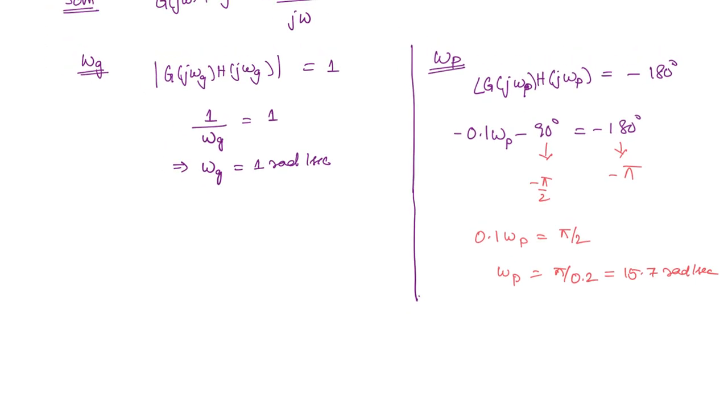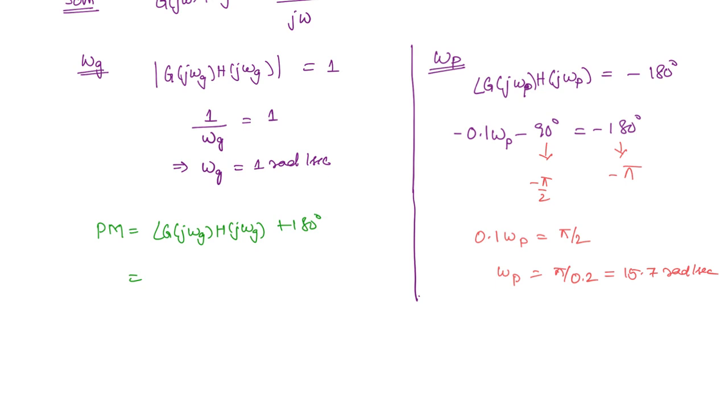Now that we found the gain crossover and the phase crossover, we can find the gain margin and the phase margin. Now the gain crossover frequency is associated with what? The phase margin, because we want the phase at the gain crossover, right? So angle G(j omega g)H(j omega g) plus 180 degrees. When you substitute omega g equal to 1, you get a negative angle which is magnitude-wise less than 180.